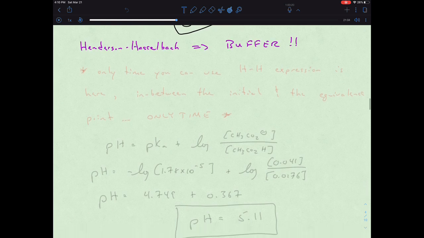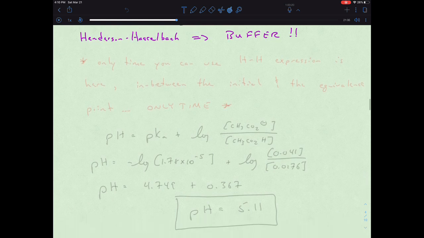Now here's the problem. I've said in class and lecture before that the Henderson-Hasselbalch is pretty sleek and sexy and students like to use it a lot. It's easy enough to recognize when a question tells you that it's a buffer to realize that I can use the Henderson-Hasselbalch.